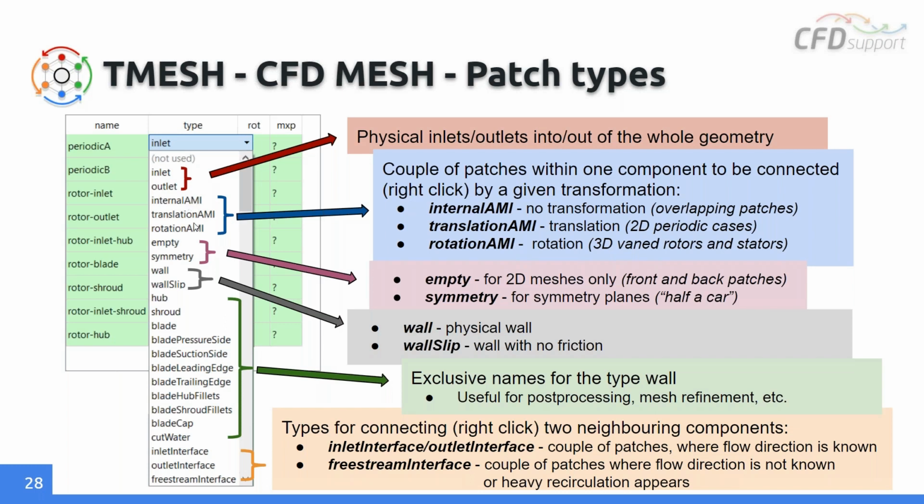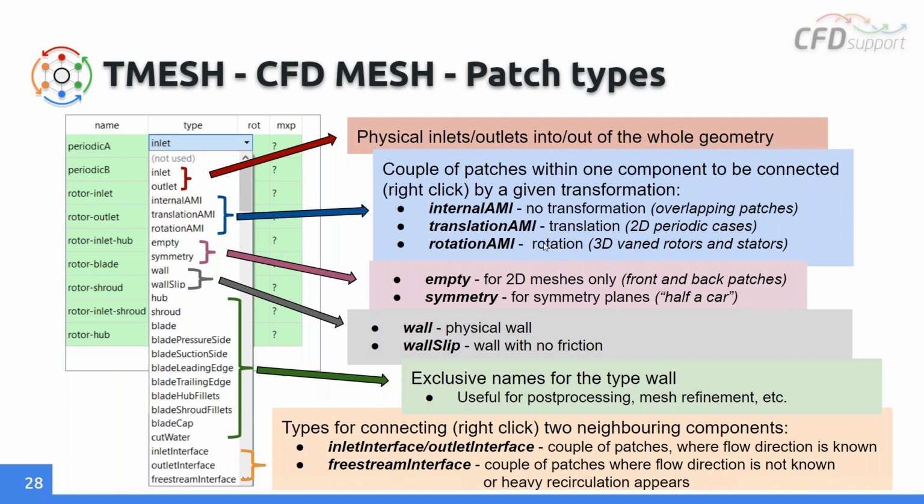Then we have three types for AMI connection: internal, translational, and rotational. These are applied to a couple of patches within one component, which are connected by AMI interpolation, and they denote three types of transformation. Internal AMI has no transformation. Translational AMI is a translational symmetry.